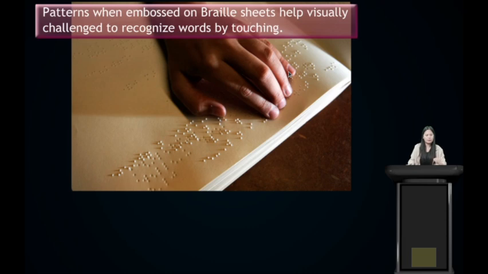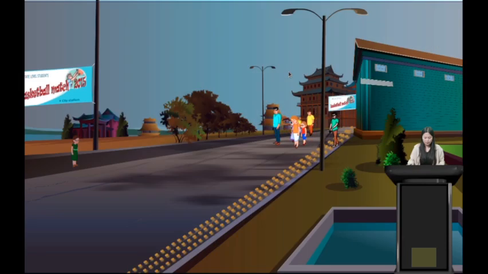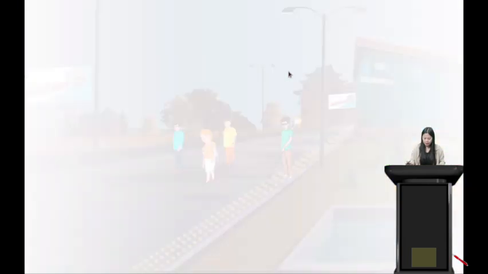So they will recognize the letter, then they will recognize the word, and that is how, using this Braille code, the visually impaired people learn how to read and write. Here we see a visually challenged person walking by the side of the road.